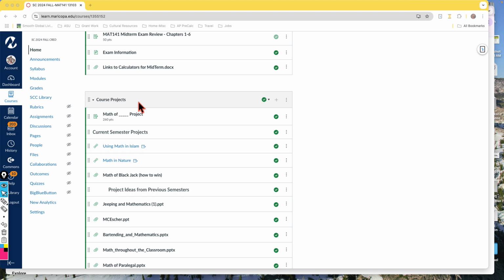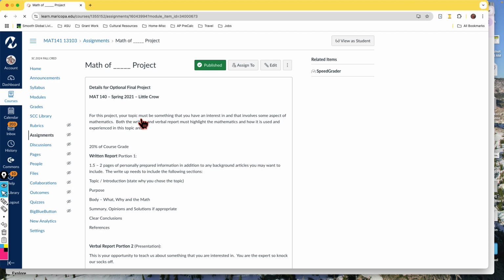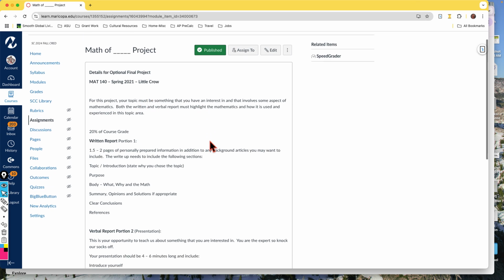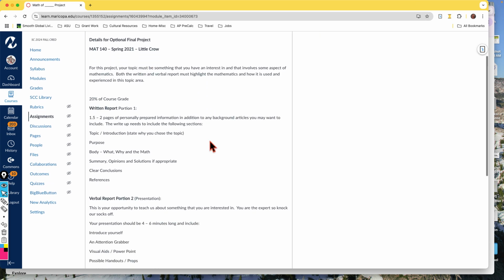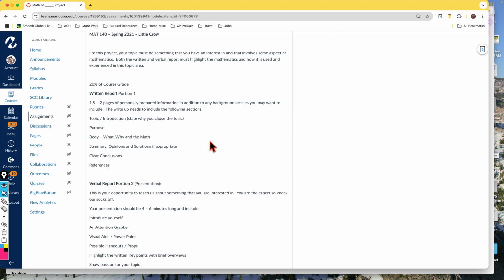This is 20%, so it would replace most of one of the exams. If you follow through with the project instructions, you'll earn all the points, so you'll have 100% on it. There are just these details, and I'm flexible on this.